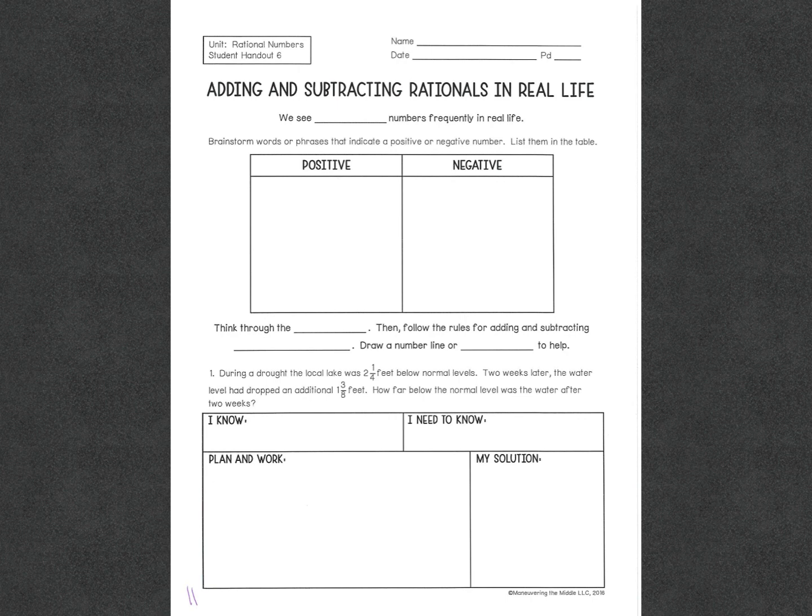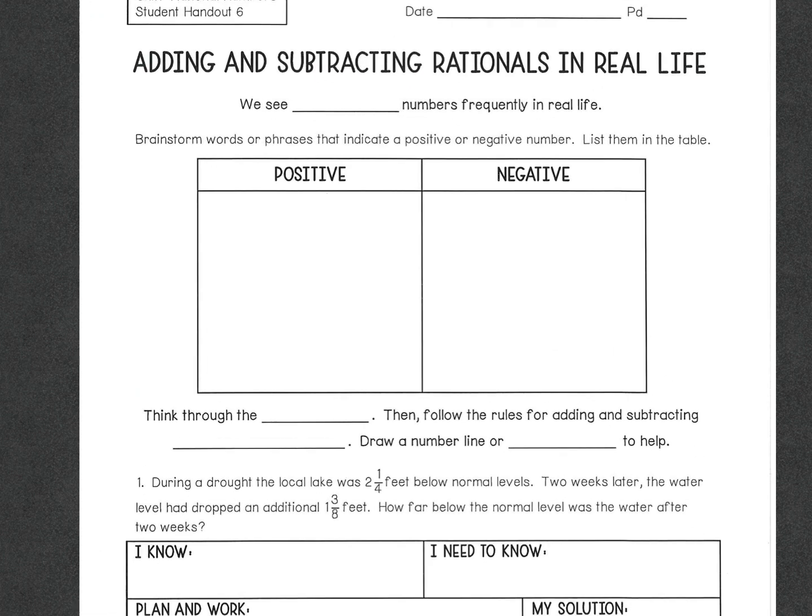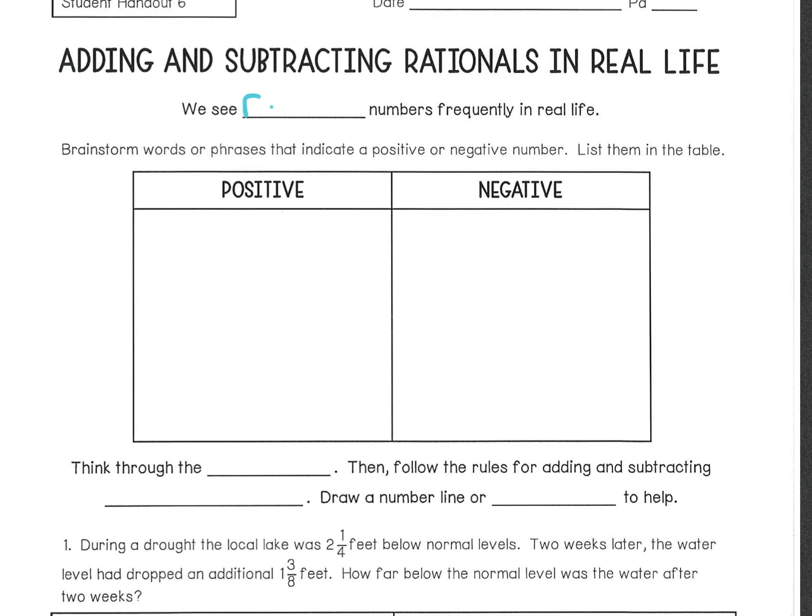Okay, so let's talk about this. We see rational numbers frequently in real life, and we really do. This is one thing you do use. If you ask your parents, most of your parents use calculators for a lot of this stuff, and that's fine. I use it to check everything. So we're going to brainstorm words or phrases that indicate positive and negative numbers, and we can list them in the table.